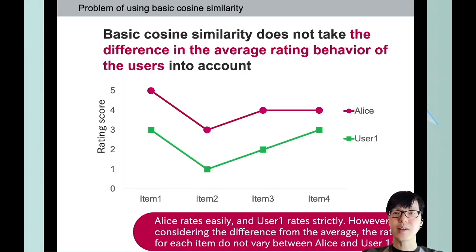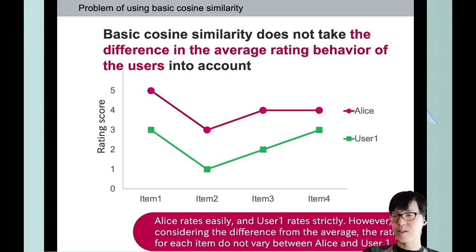As you can see, the rating tendency of Alice and user 1 are very similar. However, Alice rates easily and user 1 rates strictly. Unfortunately, the basic cosine similarity doesn't take this difference in the average rating behavior of the users into account.